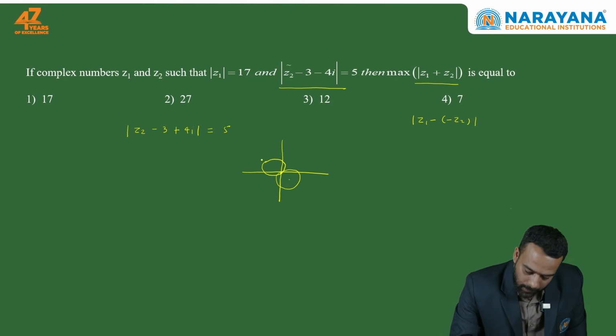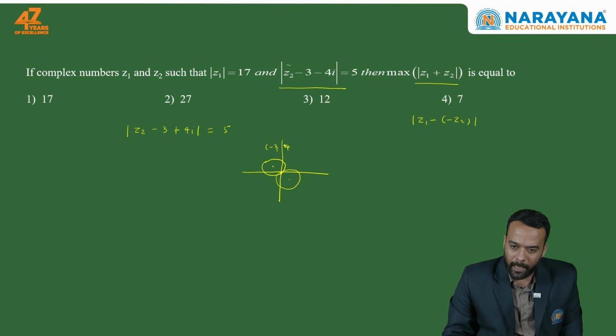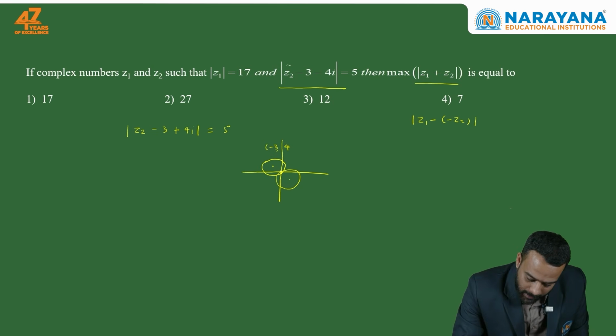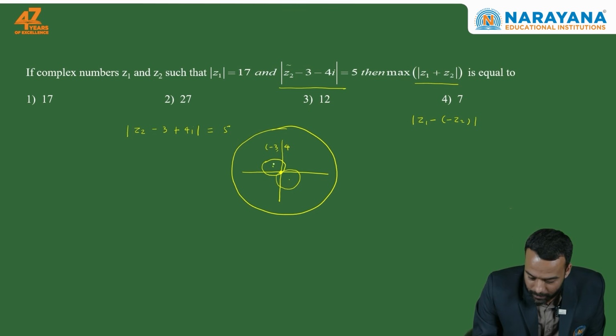Now the center is going to become, in this case, (minus 3, 4). Now we have to maximize its distance from z1. Now z1 is a circle whose center is (0, 0) and radius is 17. So you can see that in this diagram this will be the maximum value of mod of z1 plus z2.